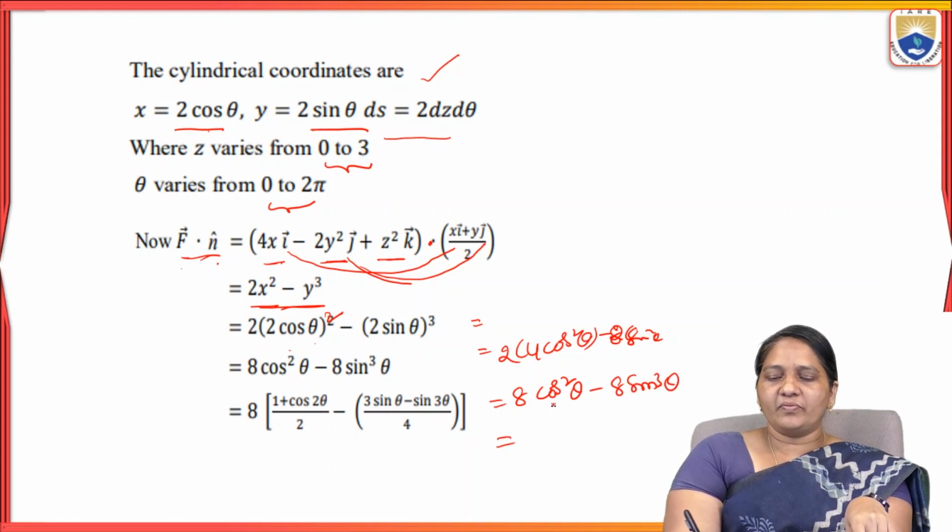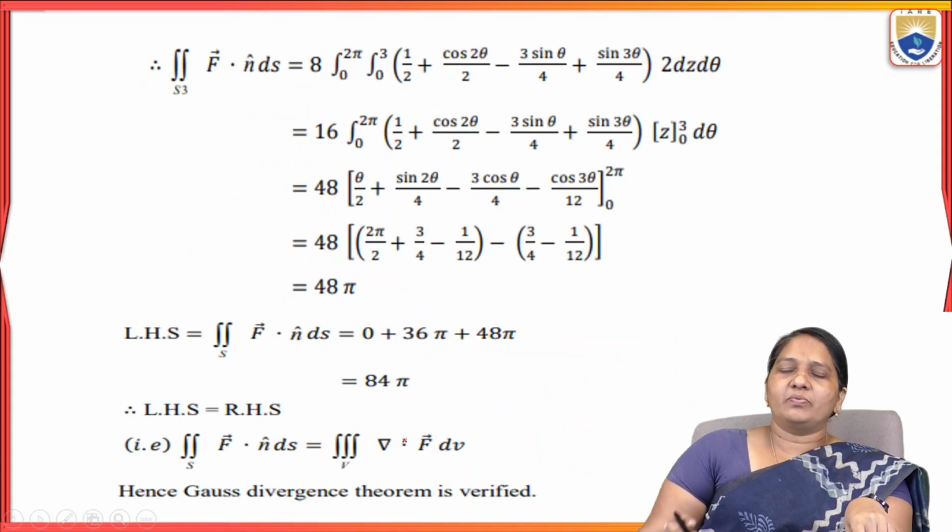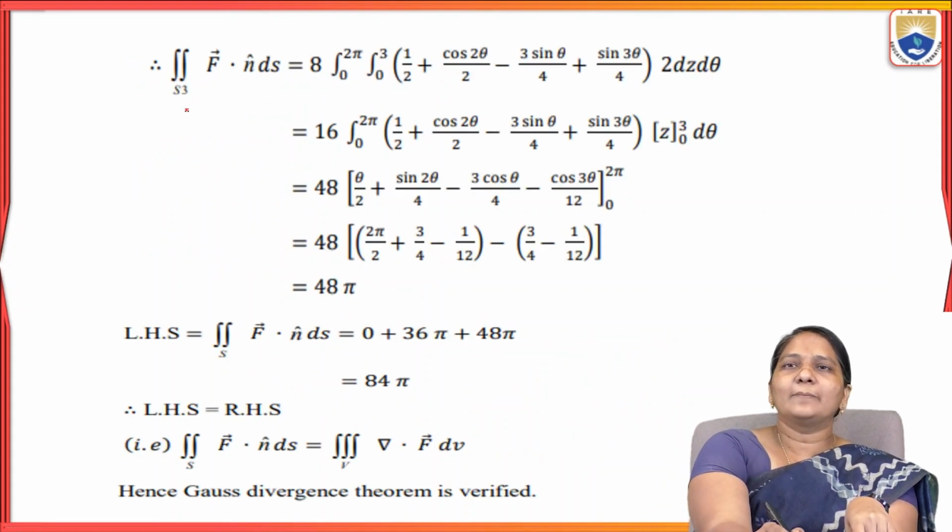So now we are simplifying. In place of cos square theta, we can write 1 plus cos 2 theta by 2, minus, for the sin cube theta we can replace the formula 3 sin theta minus sin 3 theta by 4. So now we are simplifying that, double integral over S3 of f bar dot n bar.